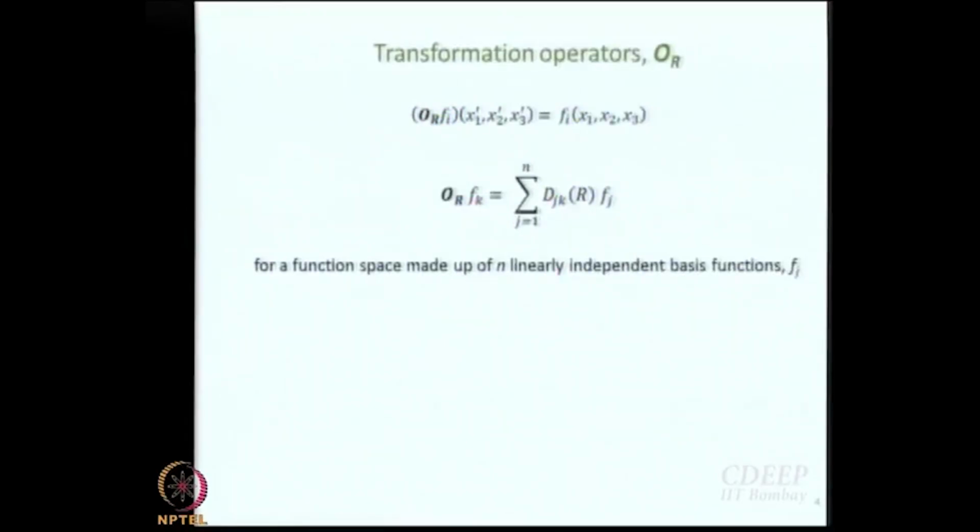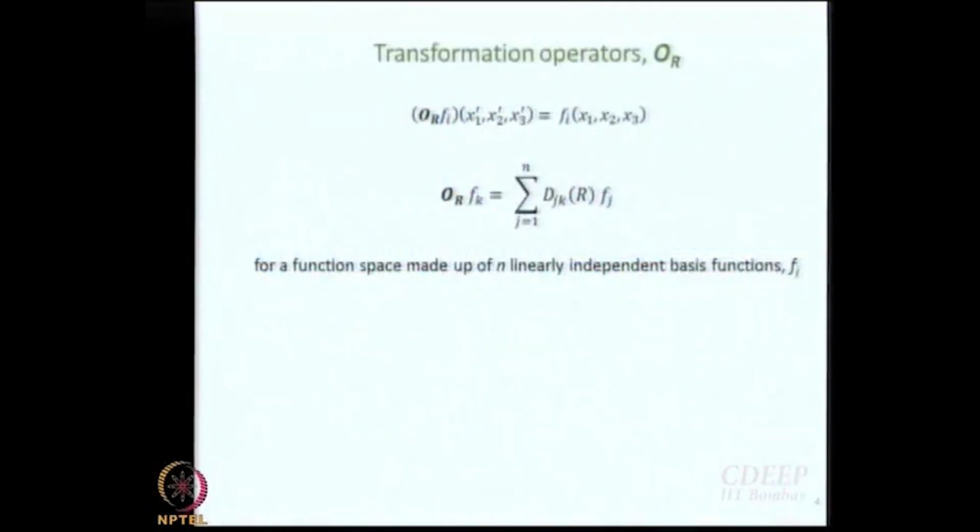So, we are working with the linearly independent basis functions here, please understand that, it is important. Otherwise, I mean at your age it is very easy to memorize everything and write it down in the examination, but that does not make any sense. Please understand what is going on. Okay. We are working with n linearly independent basis functions, do not forget that we are working with base vectors.